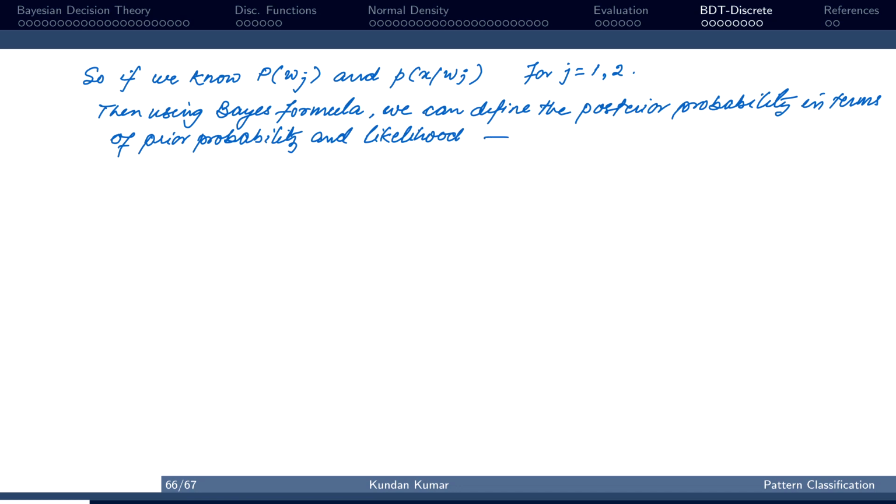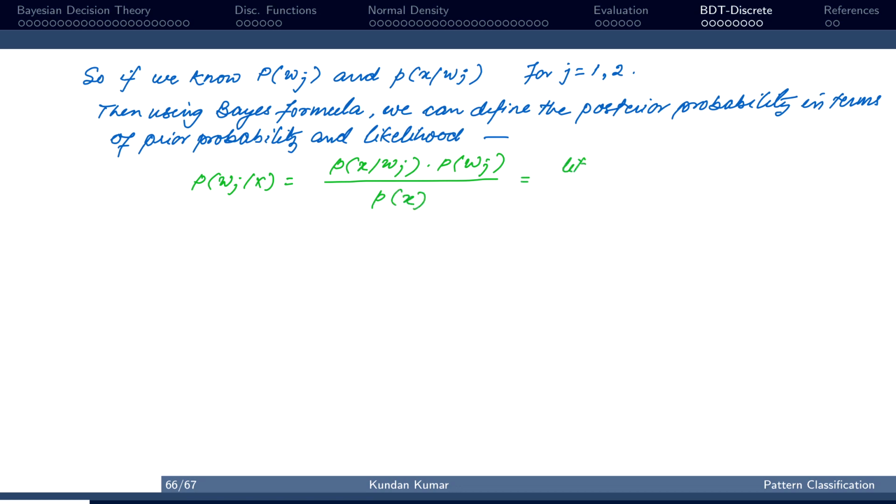So how we can define the posterior probability: P of omega j given x is equal to the likelihood into the prior probability divided by the evidence.